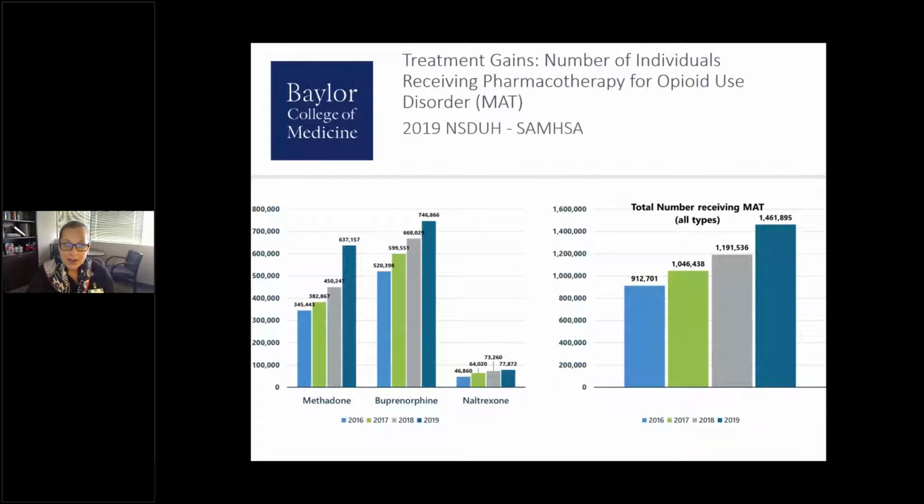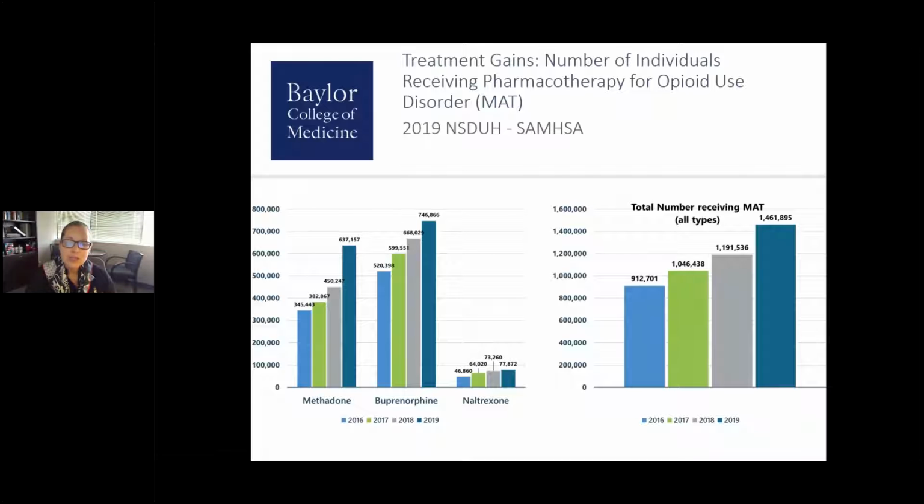At the same time, and not surprisingly, we saw gains in treatment. So the number of individuals receiving medications for opiate use disorder has increased across this time period as well. So not surprising, you have a disease that has effective medication to treat it. We see the disease state go down as we increase access to treatment. And people are successfully engaging in treatment with effective medications.